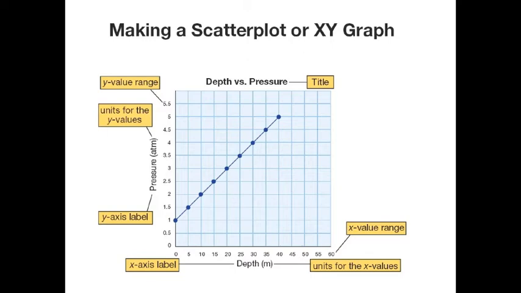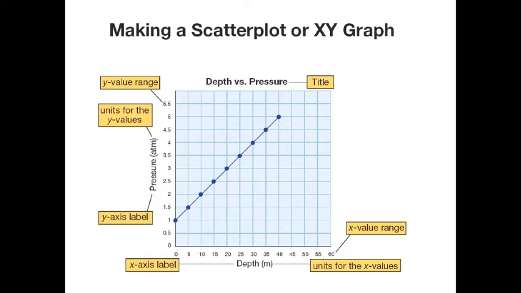But when you are working on graphs for the rest of the year, this is what your graph should look like. It should have all 4 parts. Your axes should be labeled with your independent and dependent variables, with units. You should have numbers on your scale, on your range. Your data should be plotted, and you should have a nice creative title.